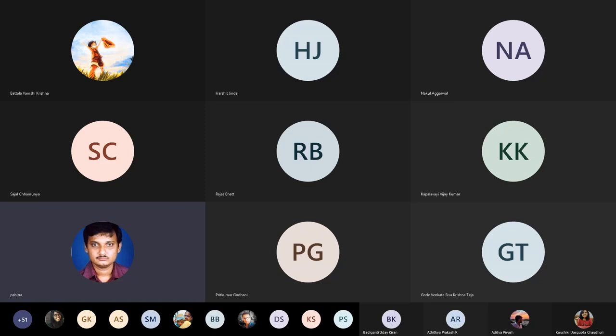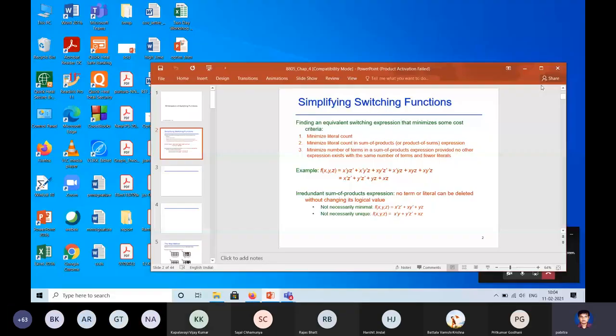Are they visible now? No, sir. Wait, then let me stop. Now it's visible, sir. Good. Simplifying switching functions, that is visible. Yes, sir. Oh, good. Thank you.